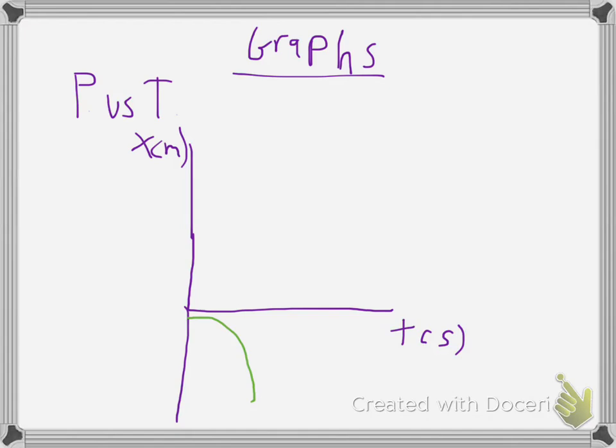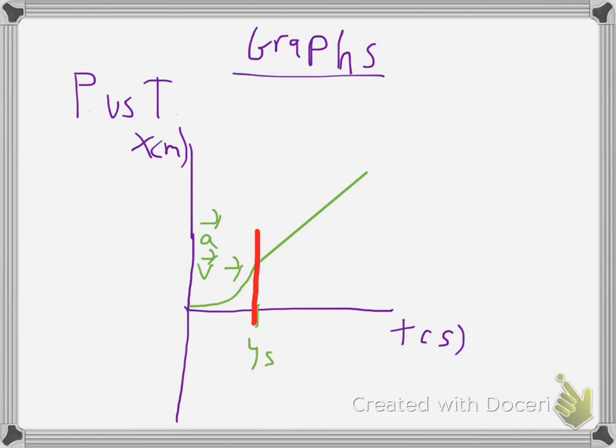Okay, what if we have a combination of the two? Let's say, I'll make up a number, 4 seconds. This would show me that in this part there is acceleration, and it's moving to the right.